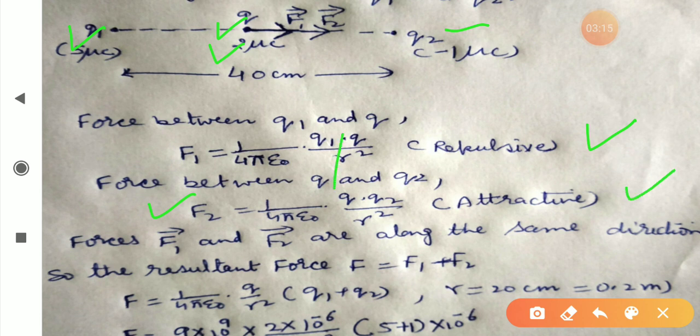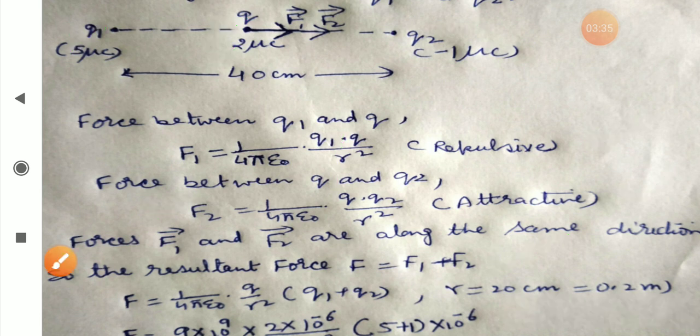Now the forces F1 and F2 are along the same direction, so the resultant force will be F1 plus F2, and since they are along the same direction, direct addition will do. Here we do not need to take a vector sum; a simple algebraic sum will do.